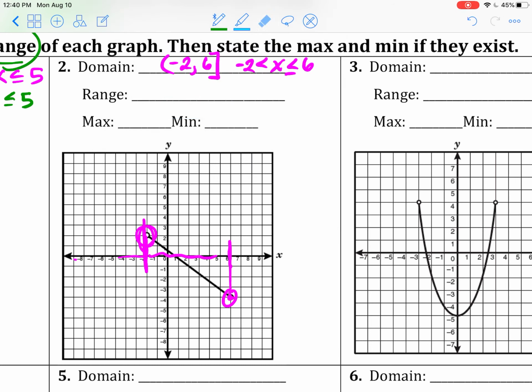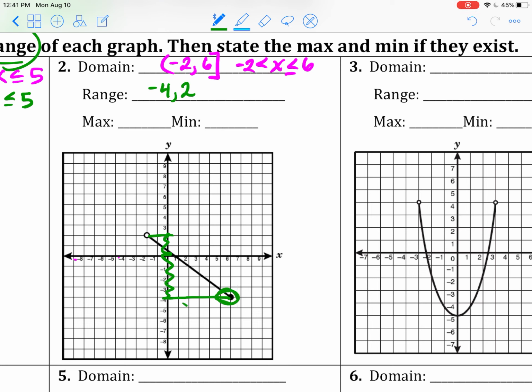Switching to range, I'm going to clear my graph. Scanning from bottom to top, because we want to go low to high, -4 is the first point, and then the highest point is +2. So -4 to +2.